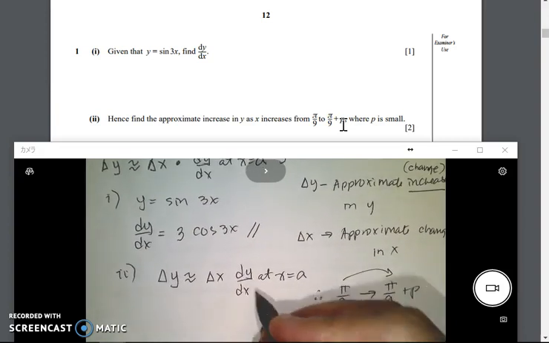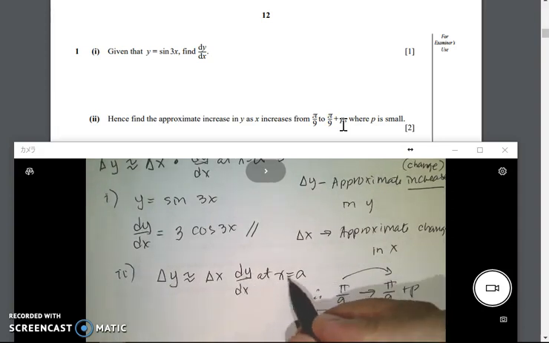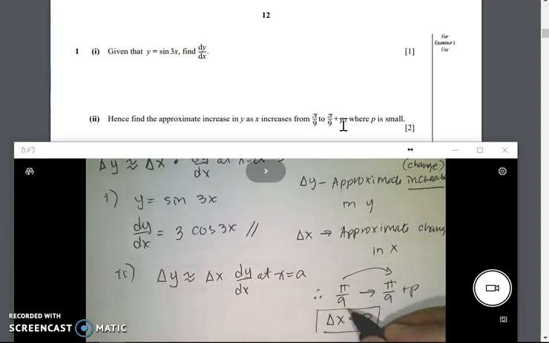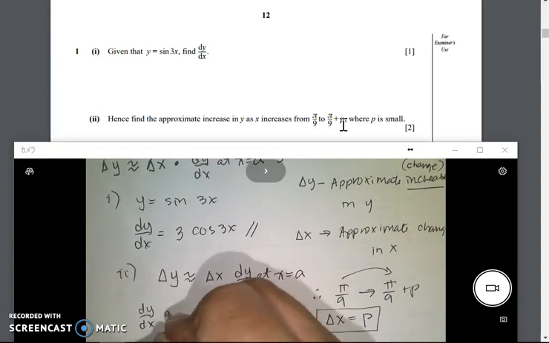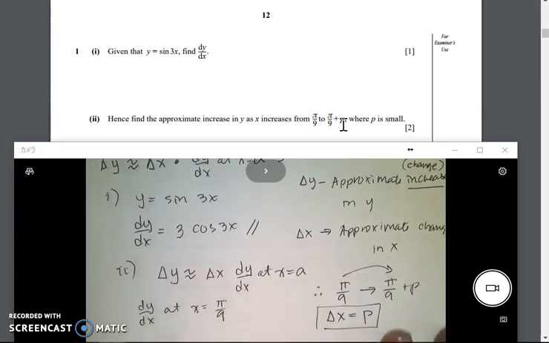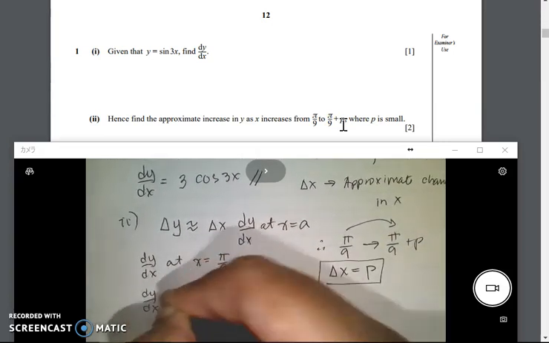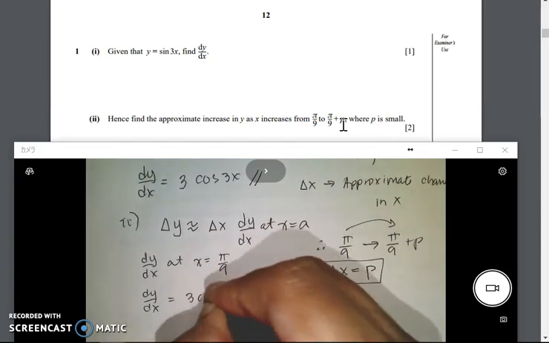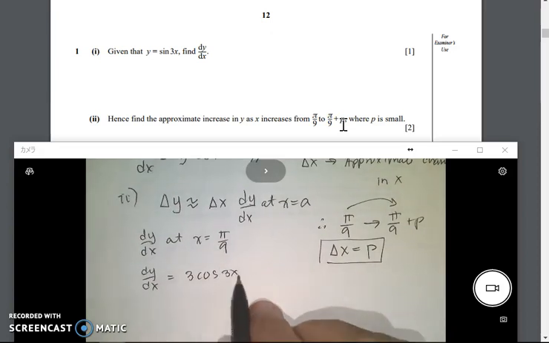So that is your delta x. Now, what is this one? It says the derivative at x equals a. Here, it started from pi over 9, so we need to find the dy dx at x equals pi over 9. Our dy dx a while ago is equal to 3 cosine 3x. You plug in that pi over 9 there.